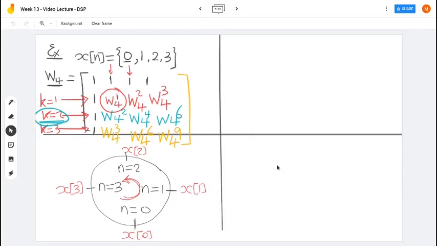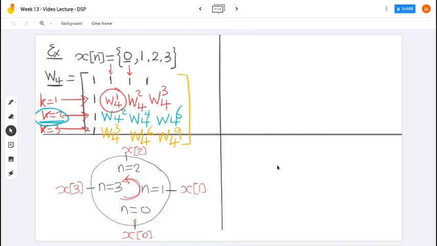Here we have the sample x of 0, and here x1, x2, and x3. The time advances in this direction, which is counterclockwise. So as we advance through time, going through the circle, we'll have the samples x0, 1, 2, 3. If the time advances from 3 to 4, we'll be going to n equal to 0 again, and we'll be seeing the same sequence of samples again. So this circular representation accounts for the periodicity we're talking about.